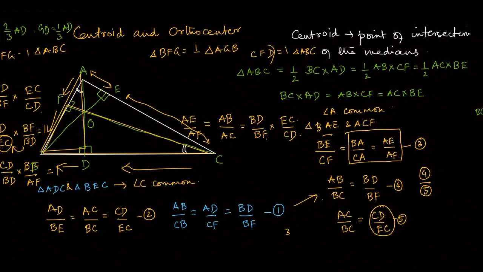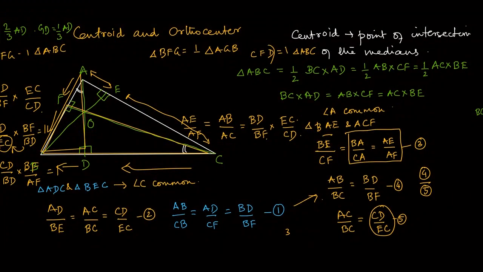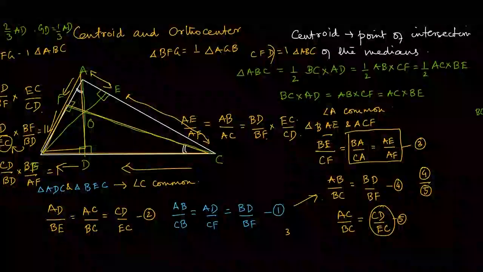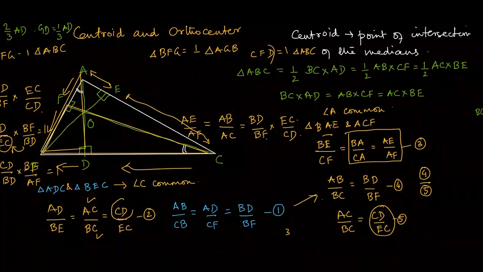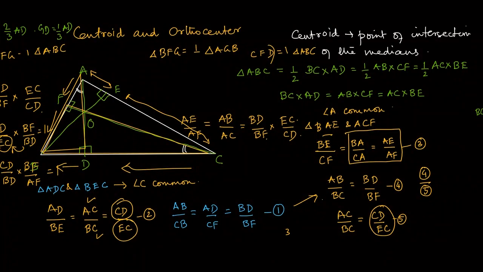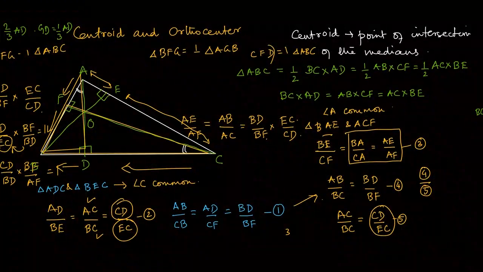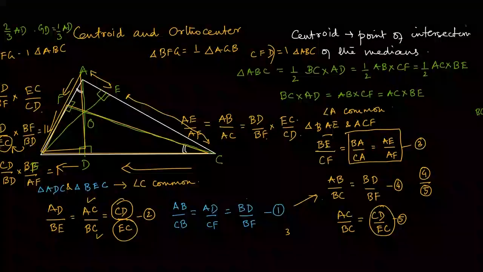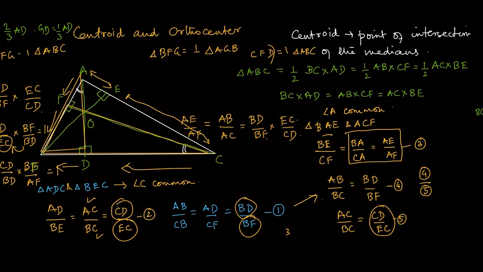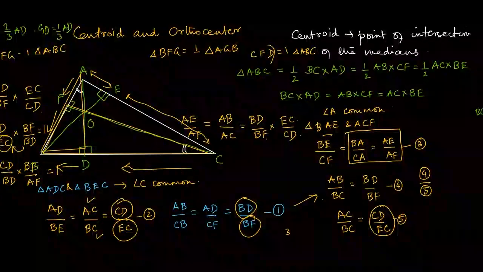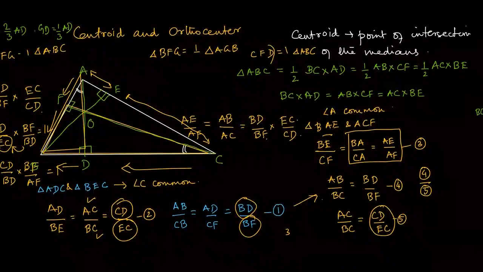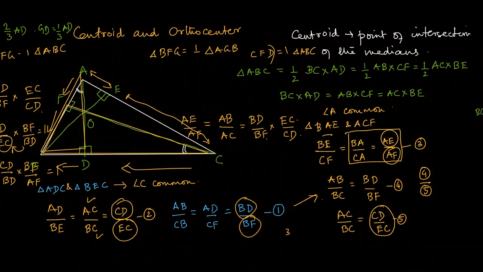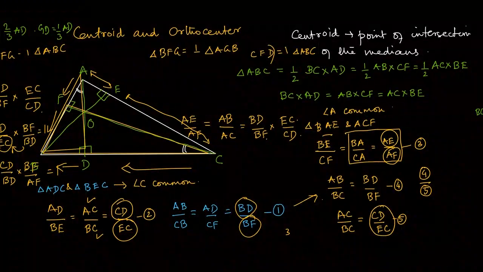That could be one way that the question might be asked, or they can give you the sides of ABC, which means that these values would be given. So the ratio of CD and EC will be given. Similarly, the ratio of BD and BF will be given, and the ratio of AE and AF will be given, right?